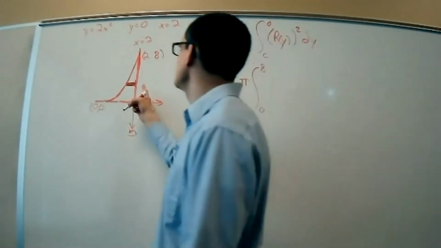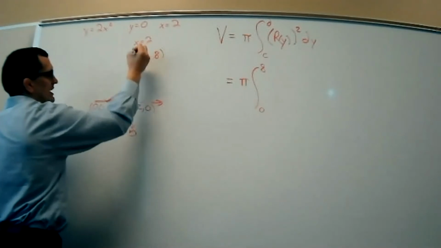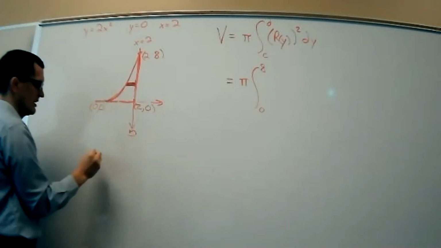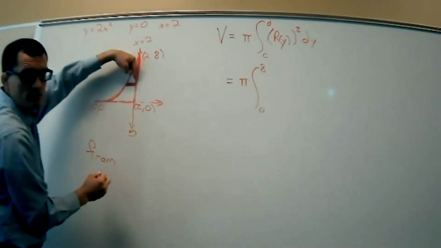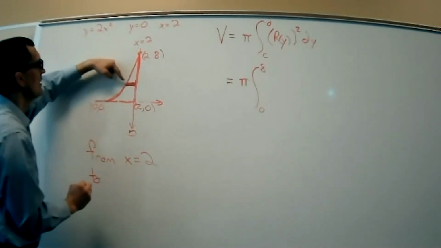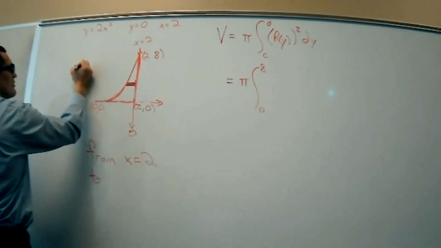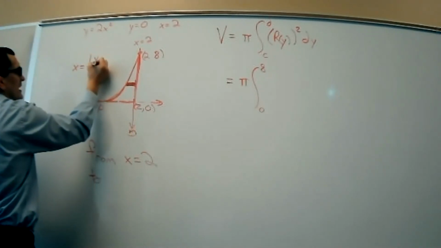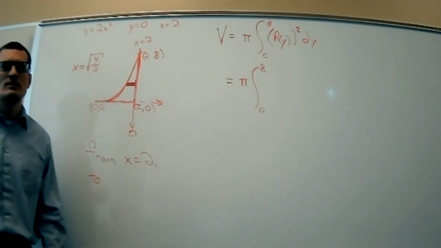The radius of this thing, be careful. If I want a positive radius, I have to start at the right-hand side and then go to the left. So I'm going to say from the line x equals 2, that's the right-hand side, to this line here. Now, I already solved for this earlier. That curve written as x equals is x equals the square root of y over 2.